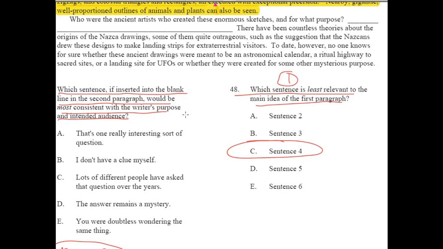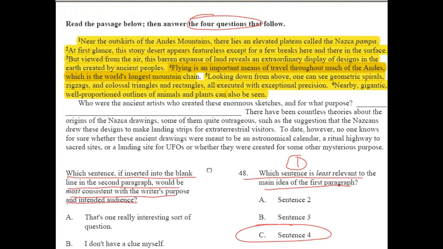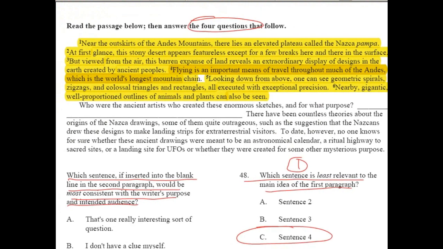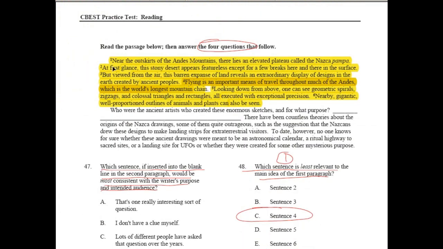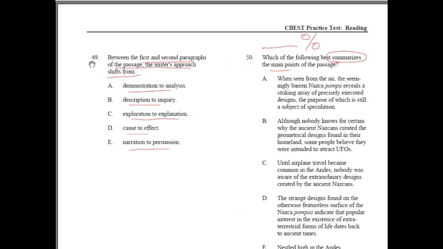Now, I'm going to save this insert into the blank business and read through the rest of this paragraph to try to get at the next 2 questions. And so let me just reduce the screen size a bit and notice that in those questions, what we're asked, for example, in 49 is what is this writer's approach?